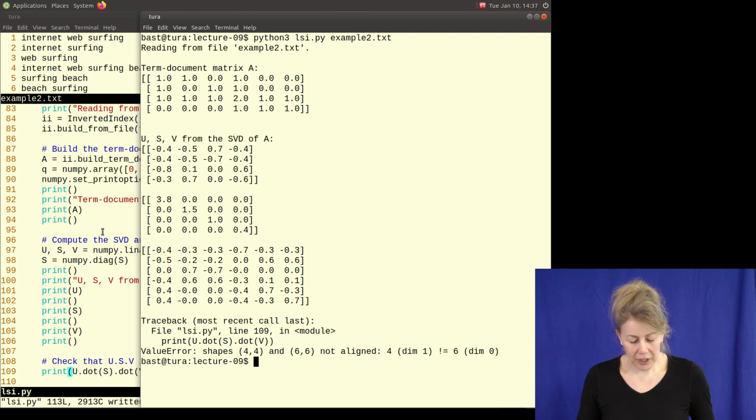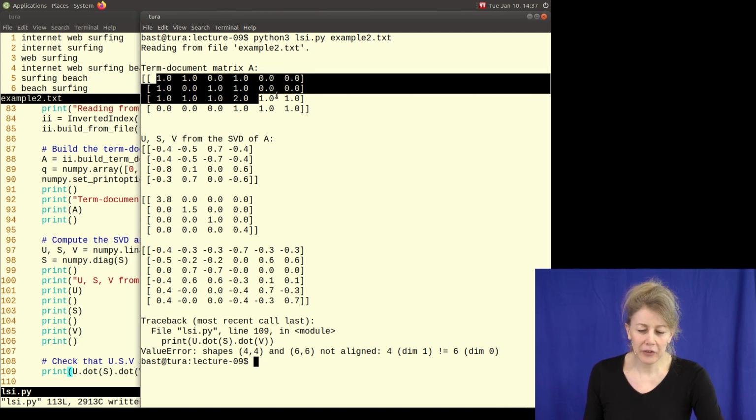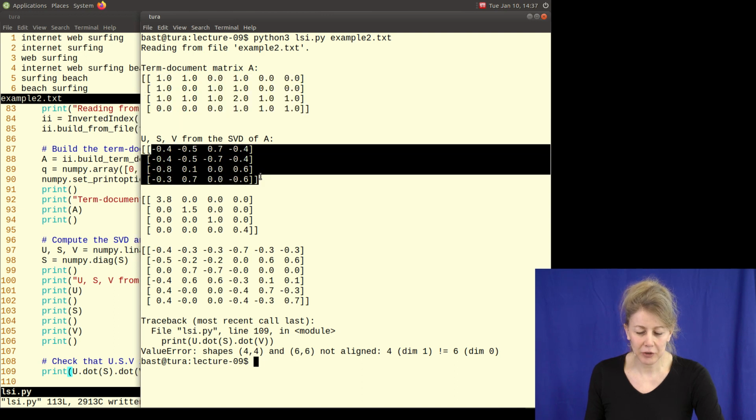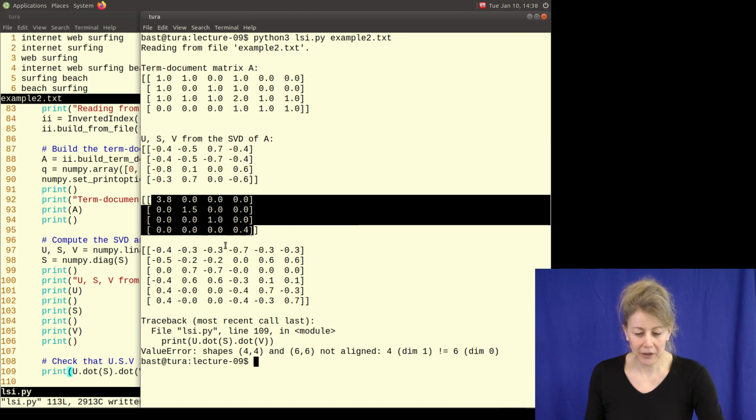I did something wrong. You might notice, and I have a slide later about this, Python gives me something slightly different than what I had on the slide. This is a 4 times 6 matrix. On the slide it said this should be a 4 times 4 matrix, number of rows times rank. This is 4 times 4, rank times rank.